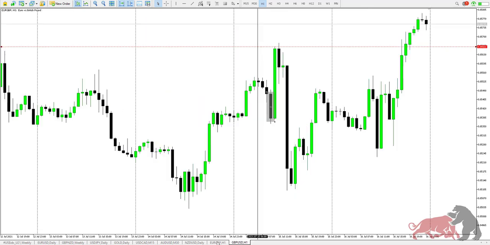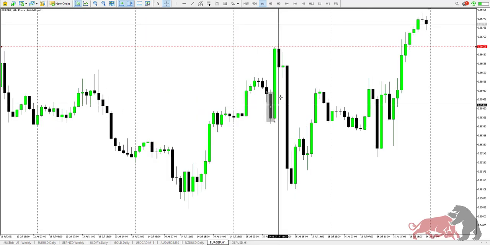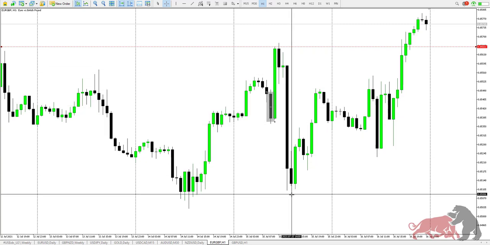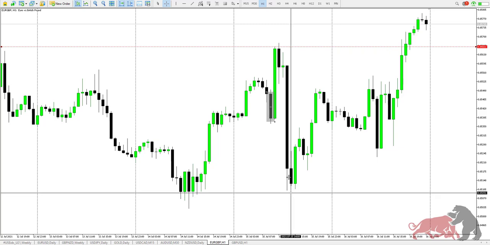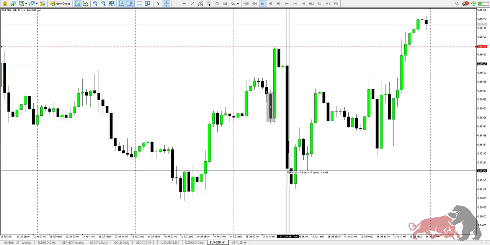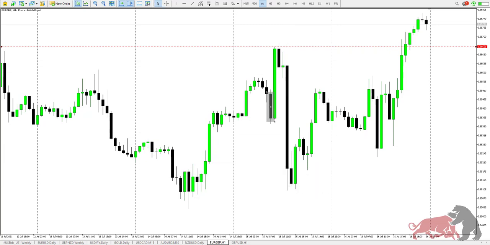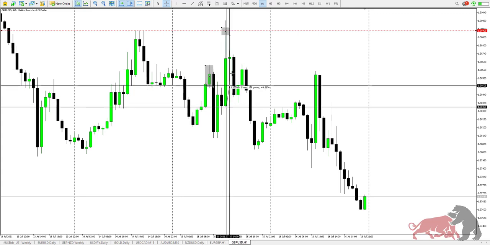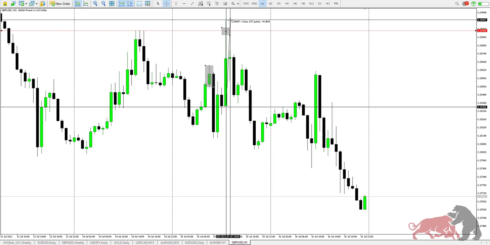Now you come to Euro GBP at 1 p.m. Price has already traded lower, about 49 pips on the 1 p.m. candle. The 1 p.m. candle on pound USD has taken out stops by moving almost 63 pips.